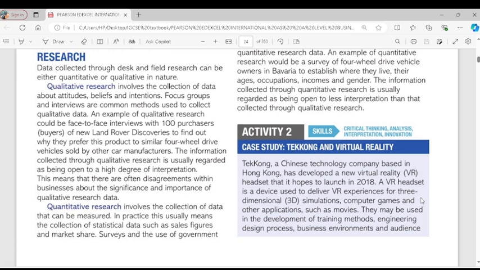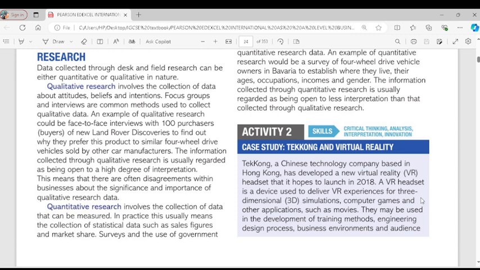But qualitative research has different interpretations. When you give me your opinion or the reasons why you do such, the interpretation I give to your reason might be different from the interpretation someone else gives to your reason. So there are different interpretations when it comes to qualitative research.